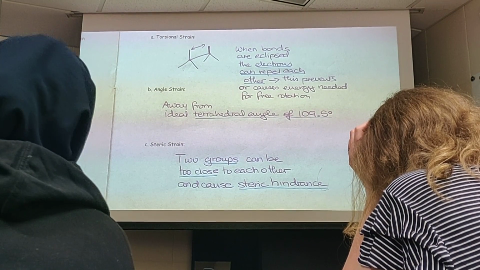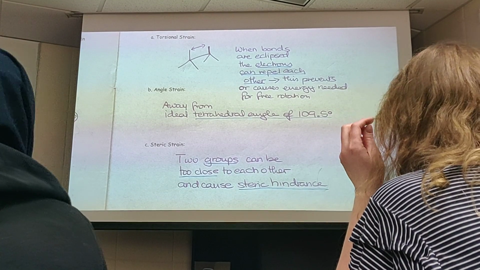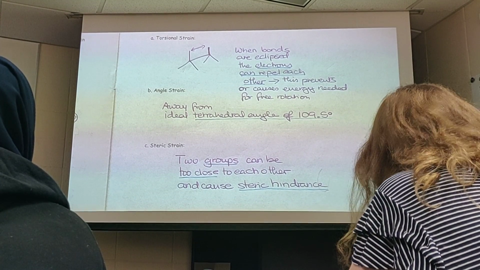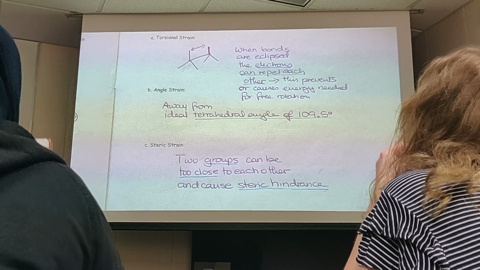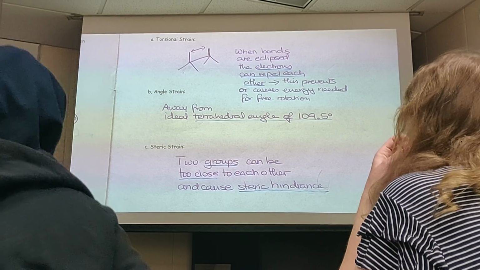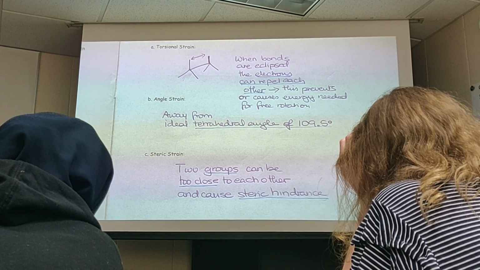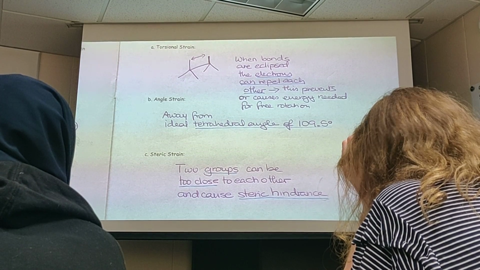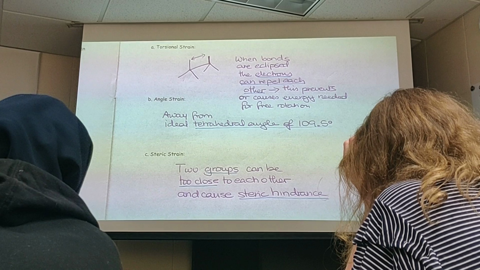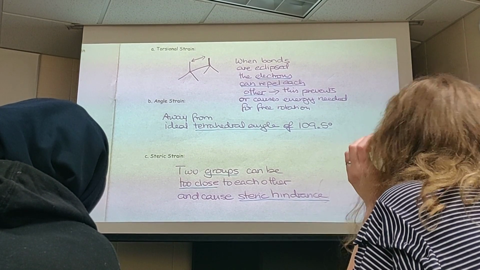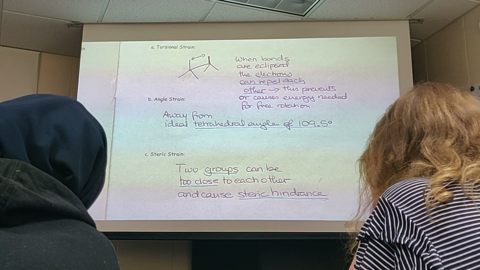And then your types of strain: torsional strain, angle strain, and steric strain, right? Torsional strain, remember, is when your bonds are eclipsed. Those two bonds, when they line up, they tend to push away from each other, and that's a barrier to rotation.